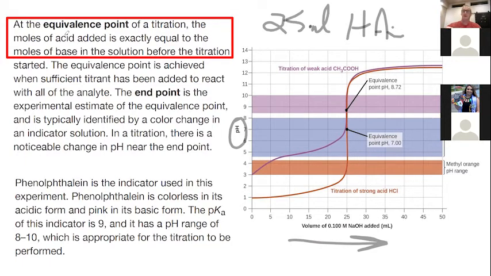And notice that the pH, when you start out, is around 3. It's because acetic acid isn't a strong acid. It's a weak acid. So the pH is going to be a little bit higher than if it was a strong acid.